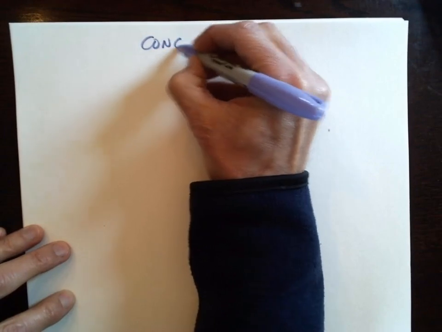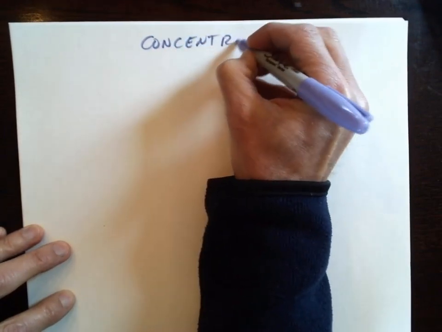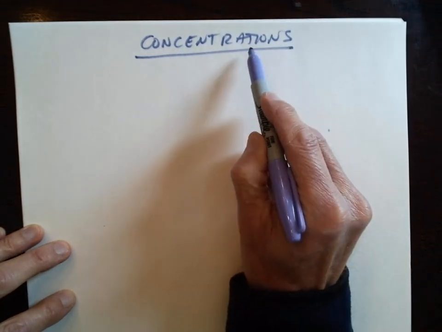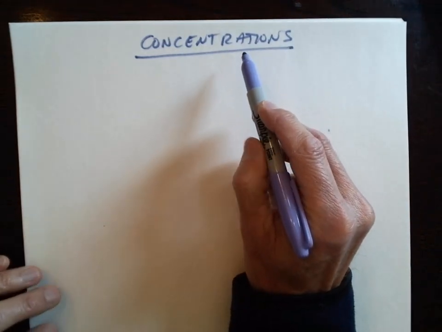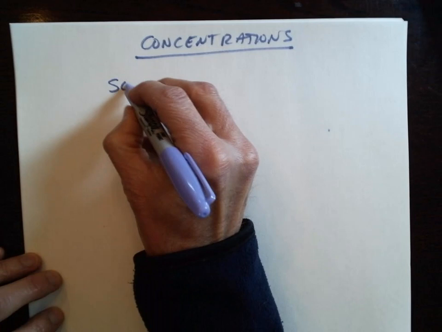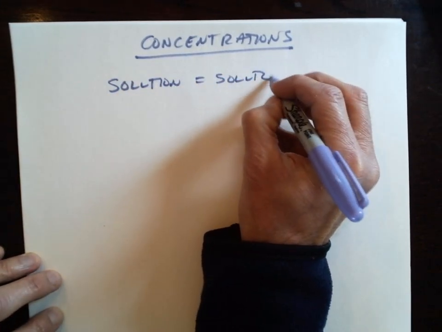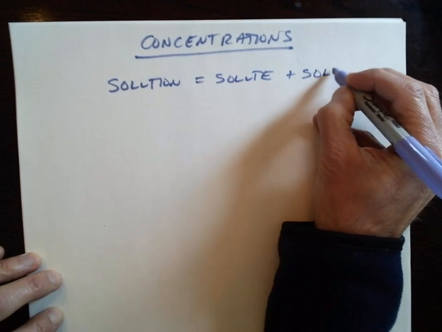There are going to be ways that we keep track of how much solute and solvent is present, and the various ways we do this are called concentrations of the solution. There's a lot of different ways that you can express the various relations of the solution, the solutes, and the solvent.